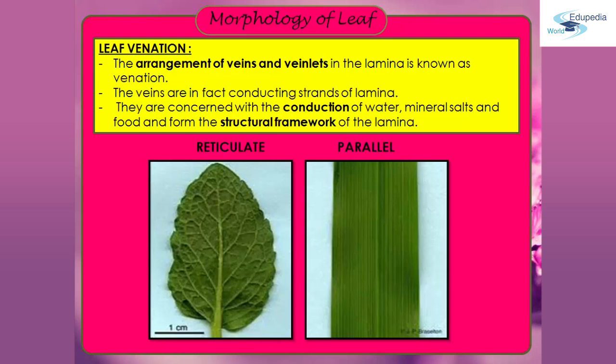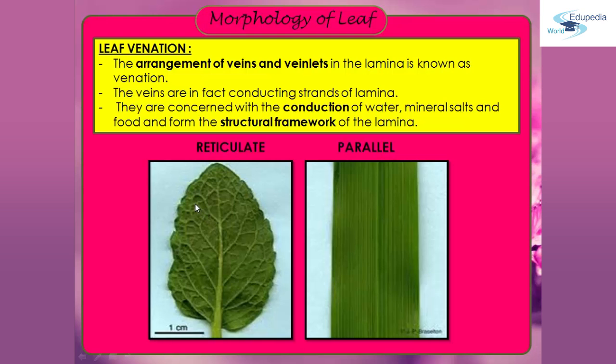Now comes leaf venation. What is venation? The arrangement of veins and veinlets in the lamina of the leaf is termed venation. When the veinlets form a network, venation is termed reticulate. See, the arrangement of veins and veinlets in the lamina is known as venation. So this is your midrib, these are your veins, and these are your veinlets.